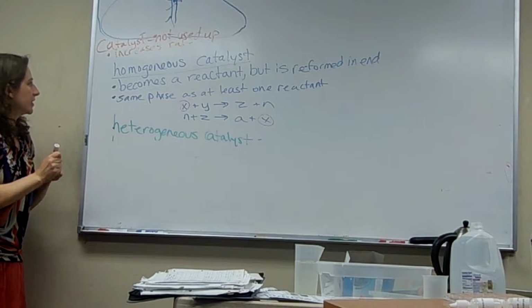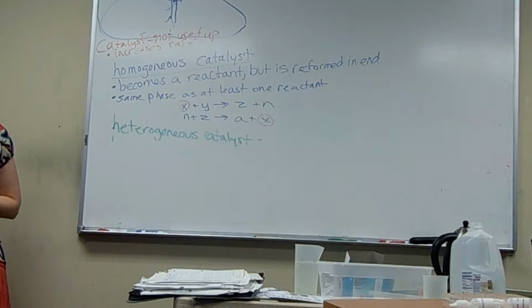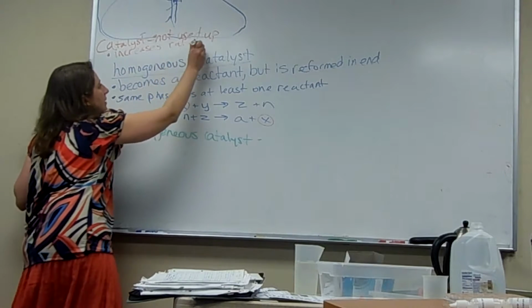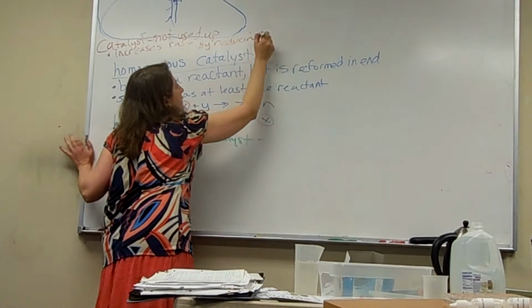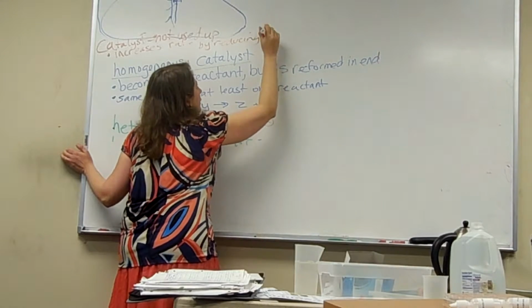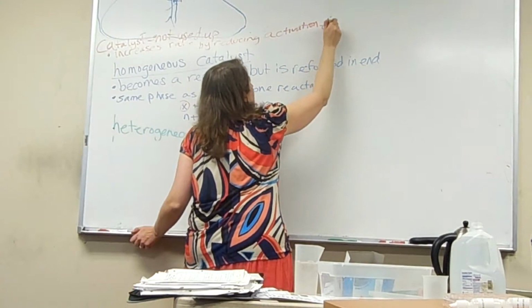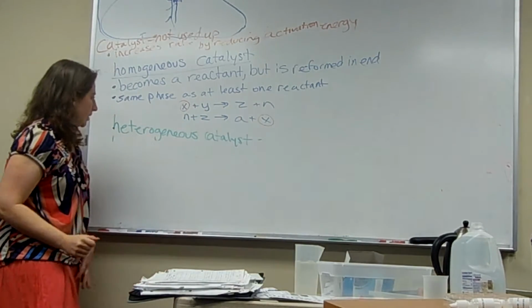I mean, we know each of these functions in a specific way, but overall, how do catalysts increase rate? By cutting down its activation energy. Exactly. They increase rate by reducing activation energy. Alright, so we're going to increase rate by reducing activation energy.